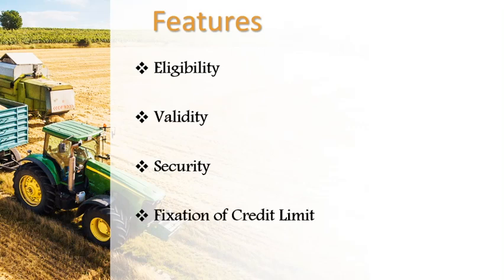Then fixation of credit limit. RBI has classified the credit limit in two different contexts: one based on marginal farmers, and the other based on all farmers other than marginal farmers. Marginal farmers are farmers cultivating agriculture land up to 1 hectare, which is 2.5 acres.